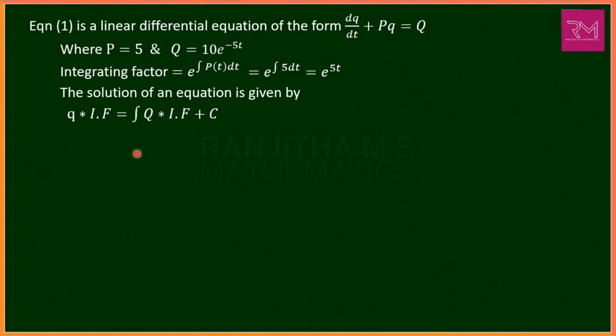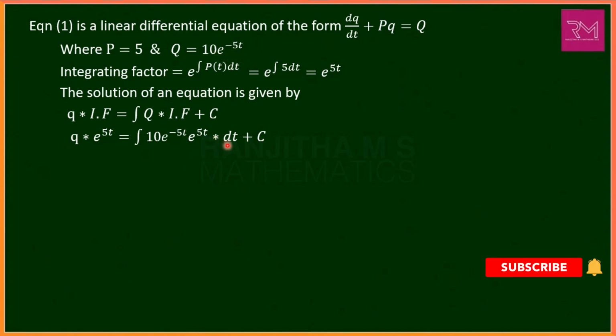Substitute the integrating factor and Q value. We get Q into e to the power 5t is equal to the integral of 10 e to the power minus 5t into e to the power 5t dt plus c.